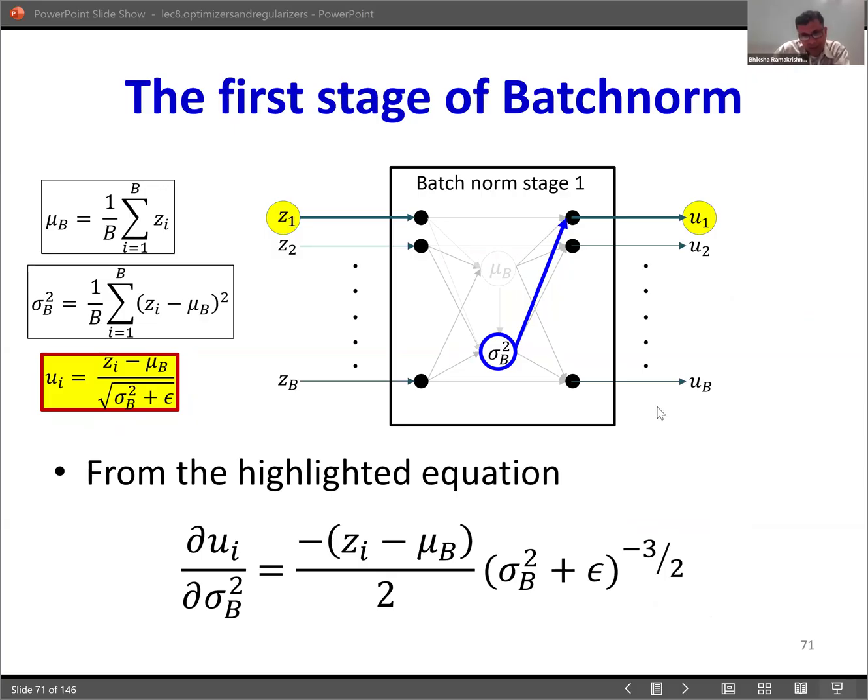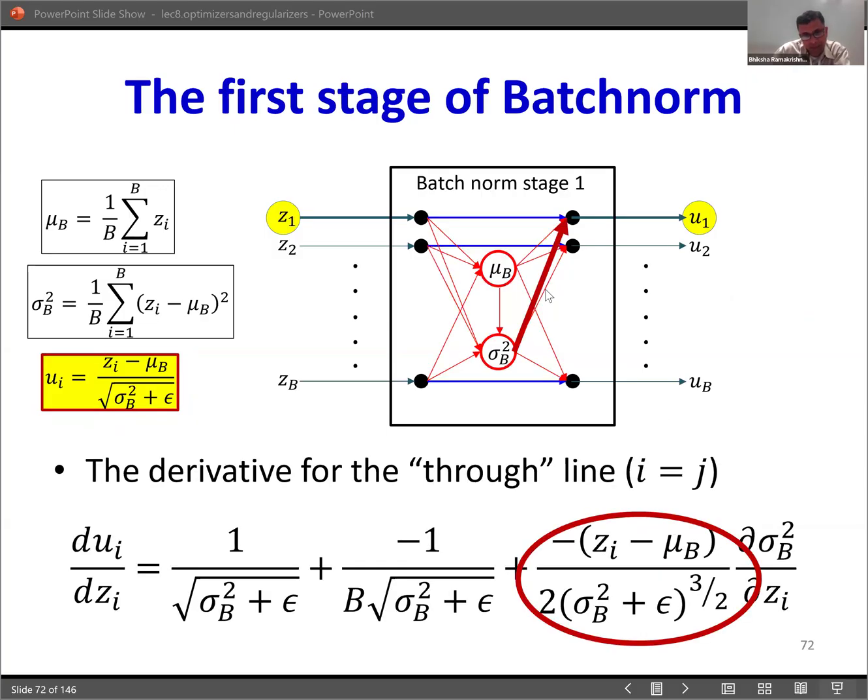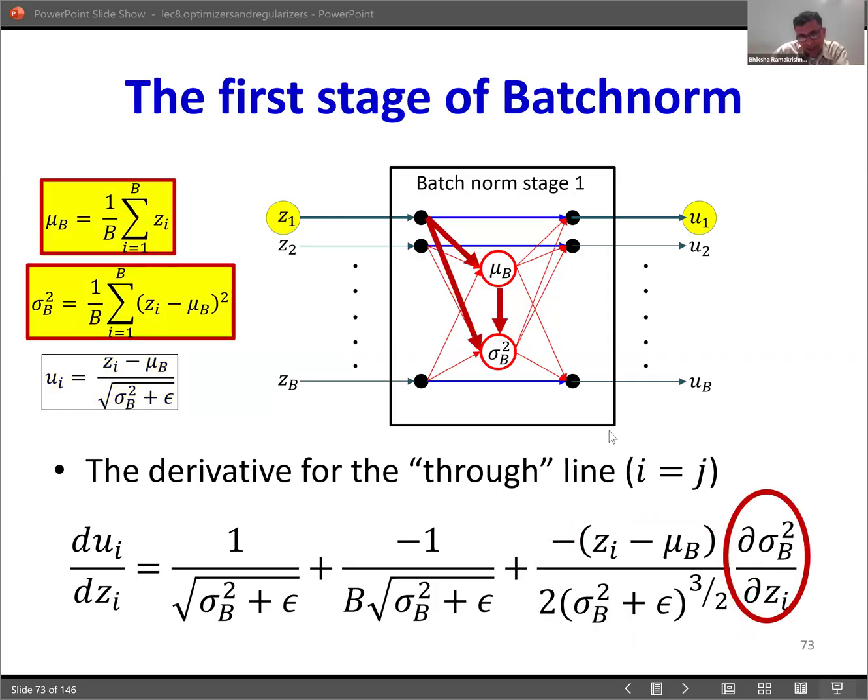Okay, so let me plug this over here. I've got this derivative. What remains now? What is the one term that remains? This one, right? To compute it, how do I compute the derivative of sigma squared with respect to z? I must sum over all incoming paths, right?